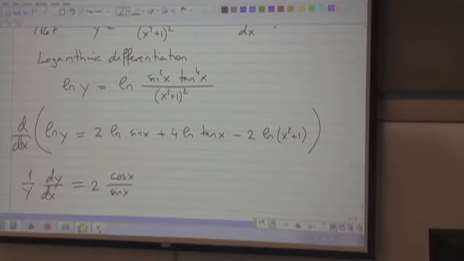Two times cosine of x over sine of x. Right, because it's 1 over sine times the derivative of sine, which is cosine. Plus 4 times secant squared over tangent, minus 2 times x over x squared plus 1.